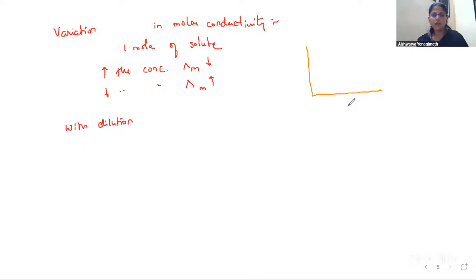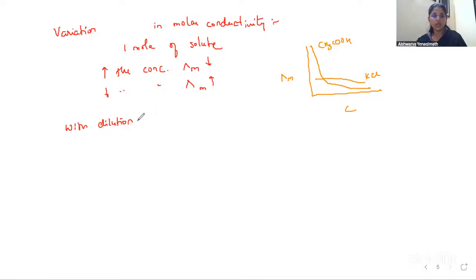If I say I have a plot of concentration versus molar conductivity, this will be the graph for strong electrolyte, say KCl. This will be the graph for weak electrolyte, say CH3COOH. Let us consider strong electrolyte. Here Kohlrausch law comes into context.